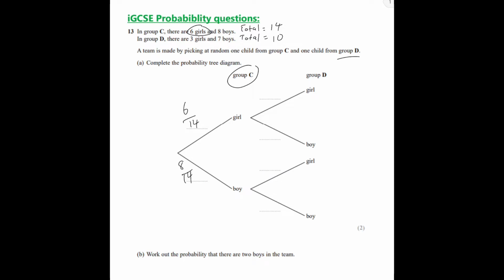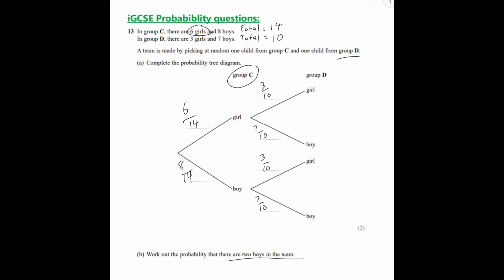In Group D the total is 10, so this doesn't change. There are 3 girls and 7 boys, so this remains the same for the second tree diagram.